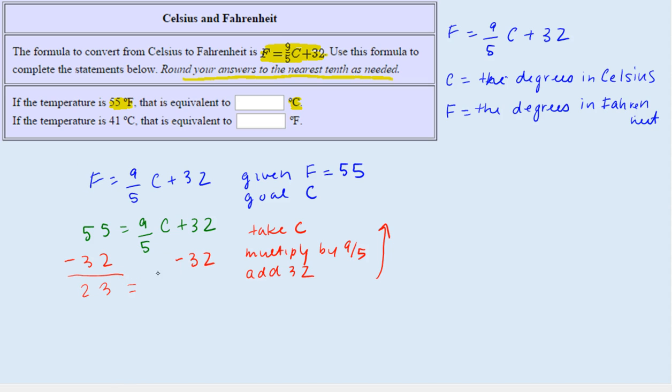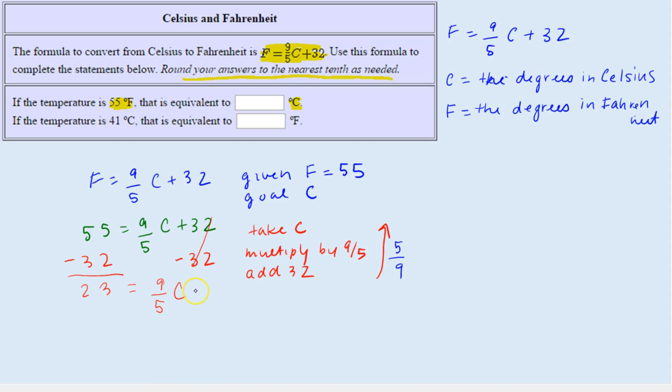And on the right, these cancel, and we get 9/5 times C. Now, we want to reverse multiplying by 9/5. So you may remember that to reverse multiplication by a fraction, you multiply by its reciprocal. So the reciprocal of 9/5 is 5/9. Because notice, if you multiply 9/5 times 5/9, you get 1. And we want 1C here, not 9/5 C.